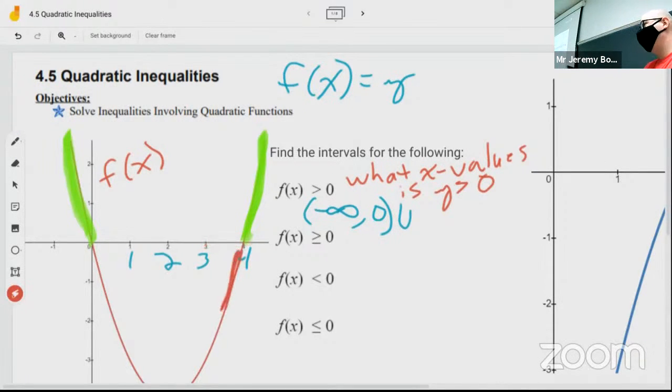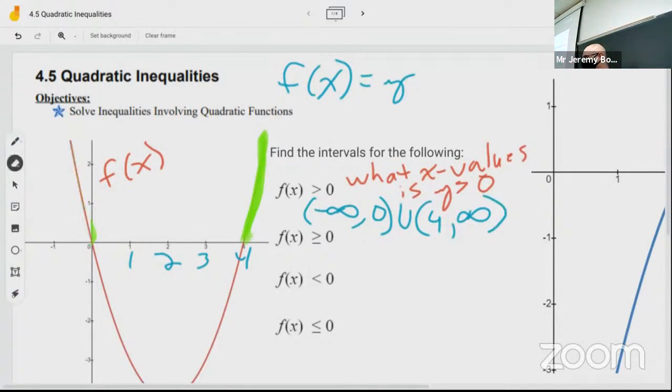And my curve is still below. Where does it go above? At 4 it is at 0, but after 4, it starts going above. So that second interval is going to be from 4 to infinity. Any questions on that?